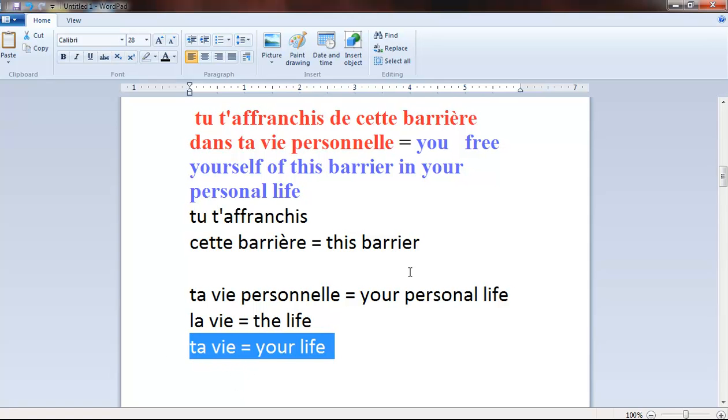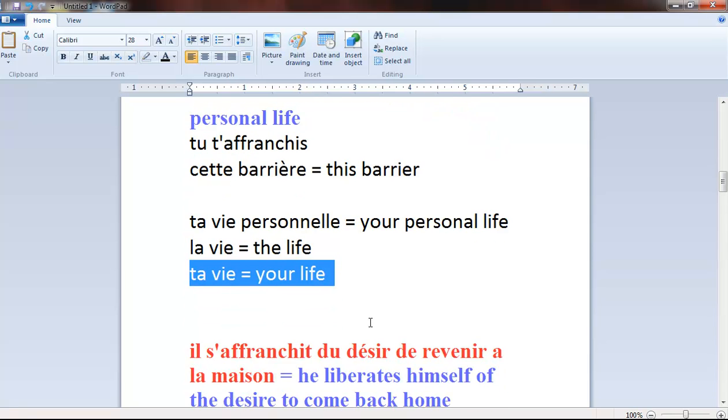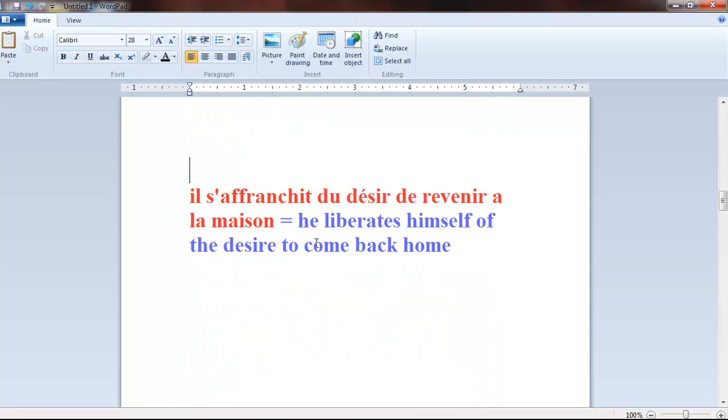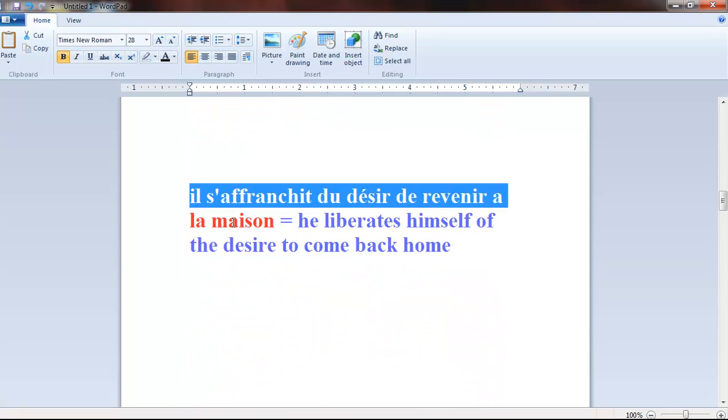Okay. Enough with this, let's go to next example, and it will clarify more once you take more practical examples. Il s'affranchit du désir de revenir à la maison.